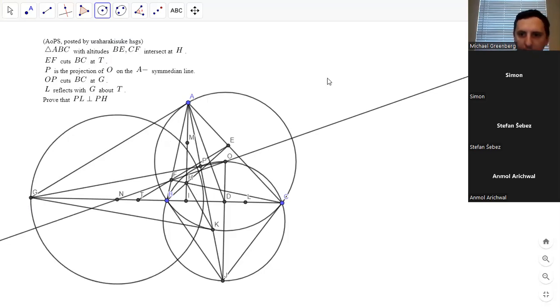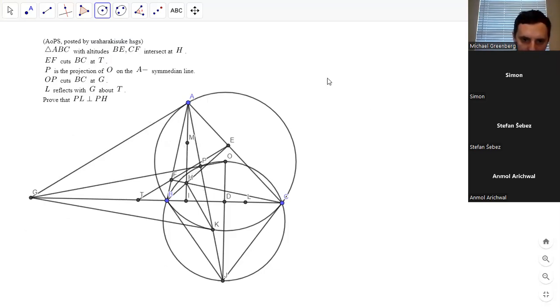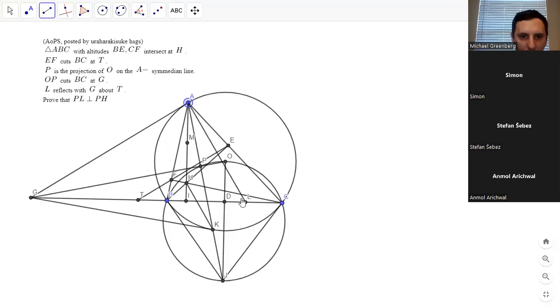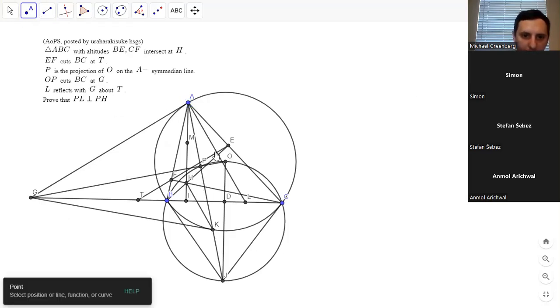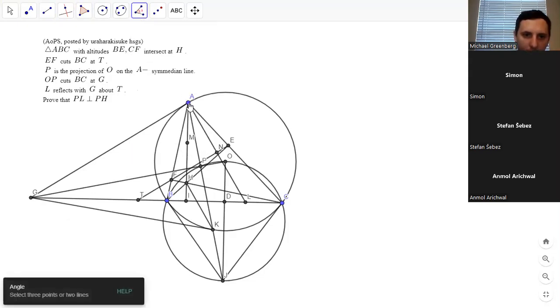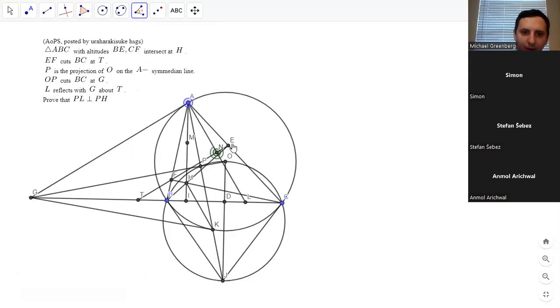Is AL perpendicular to ET? It almost looks like it. So yeah, I think it might be. I probably could have just drawn the perpendicular line instead, but oh, I don't think so.